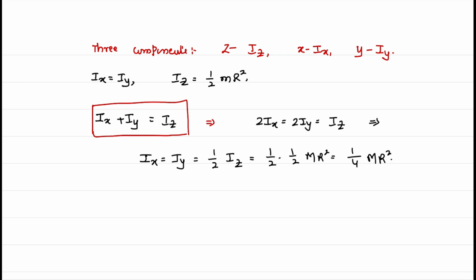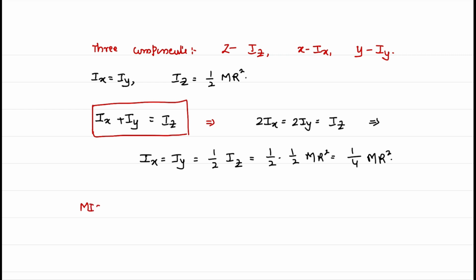In the z direction, the moment of inertia is this. Either you make it capital or small, in both cases it is the same. In the x-axis and y-axis, first we have found out the moment of inertia.